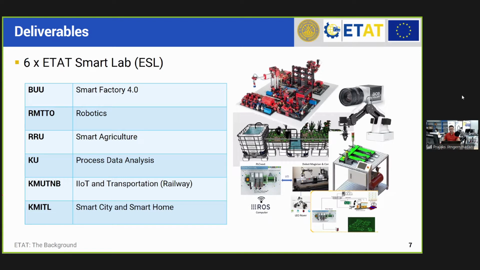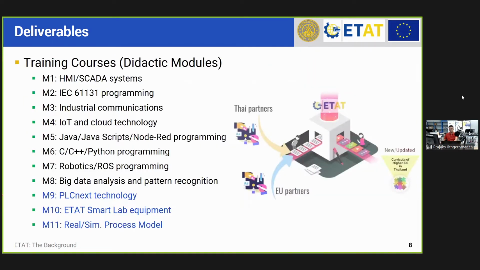Kasetsart University, or KU, will concentrate on process data analysis. King Mongkut's North Bangkok will do something about the IIoT and transportation, especially railway transportation. And King Mongkut's Ladkrabang will do something about smart city and smart home.